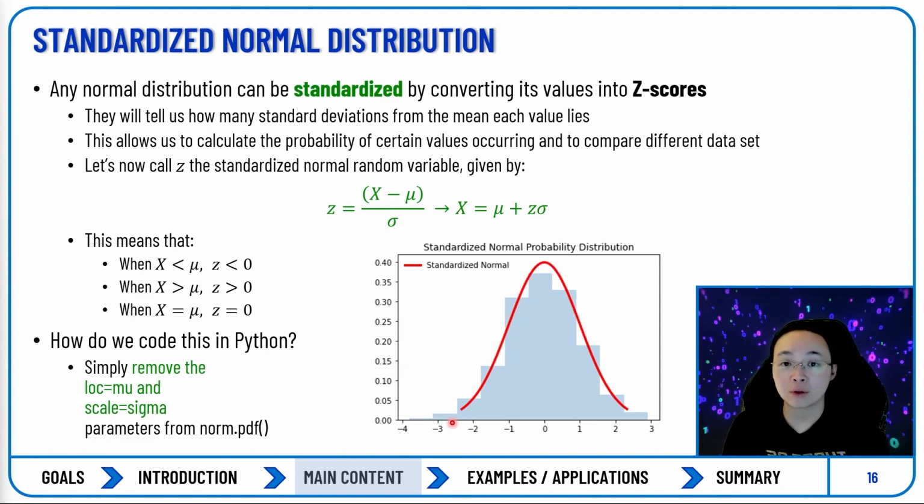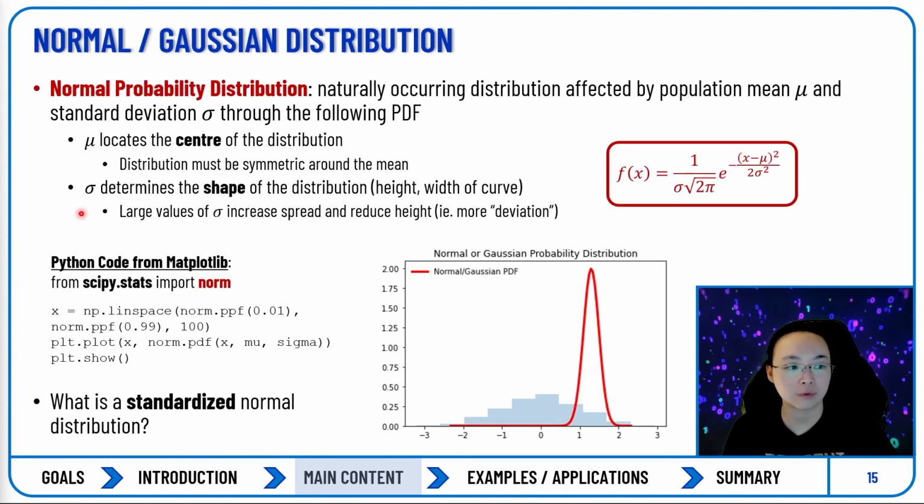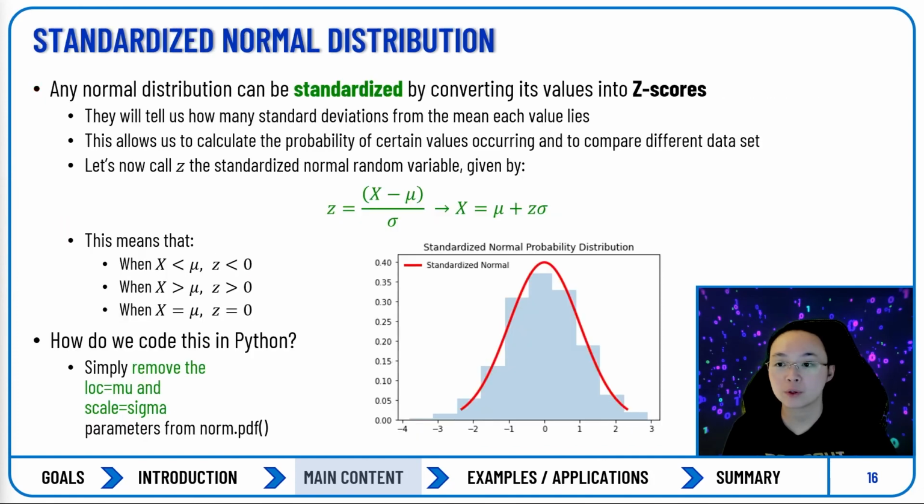So this curve right here is the exact same curve that I presented from before on the previous slide. So it's actually this one over here. But what I've done is I've taken out two different parameters from my code.